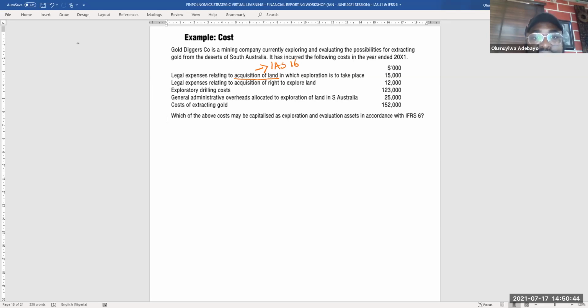Legal expense relating to acquisition of rights to explore. See, rights to explore land. This is an acquisition cost. All right. Exploratory drilling costs. That is exploration cost.